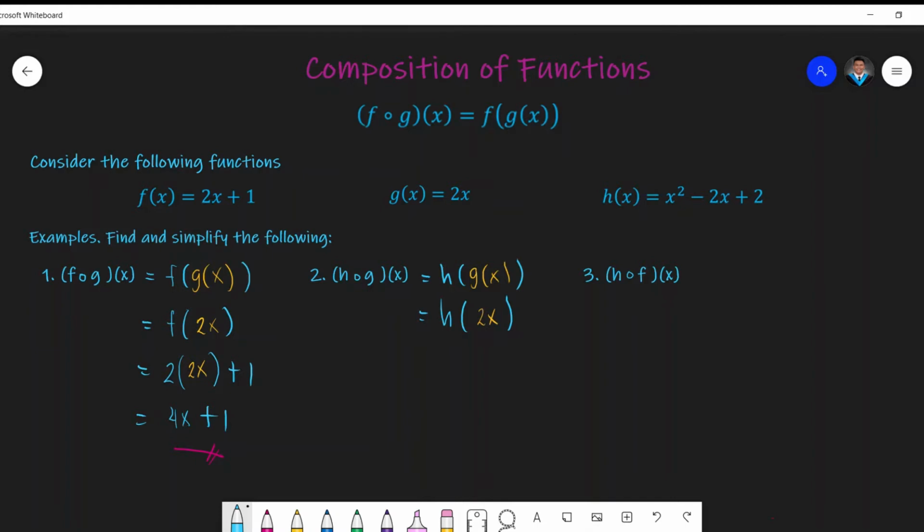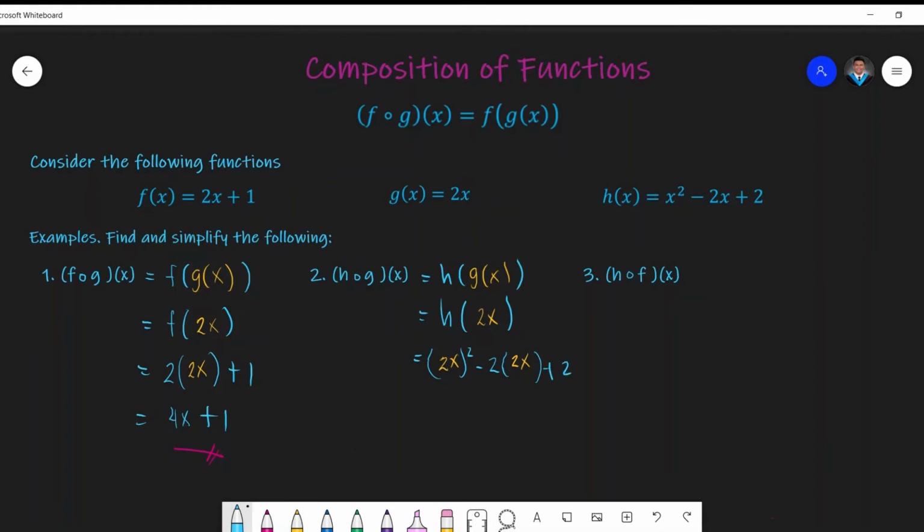So we have 2x, then squared, then minus 2 times the value of x, which is 2x. Same din dito, lagyan natin ng 2x because we have the value of x here. So we have 2x right here, and then plus 2.